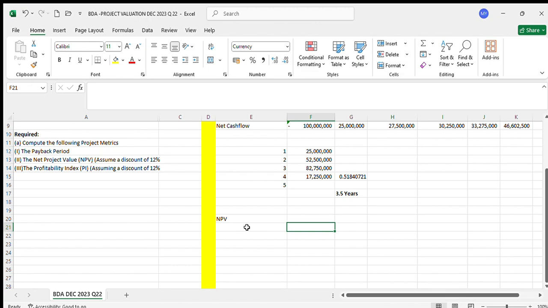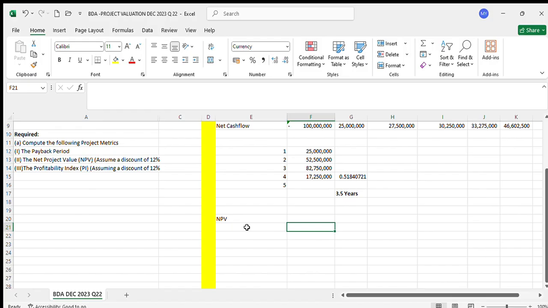So for example, a 1,000 of today is worth more than a 1,000 of tomorrow. So, our cash flow is predictive, and we want to know how much we are going to make in the future at the present value.